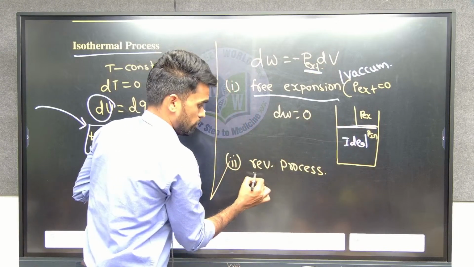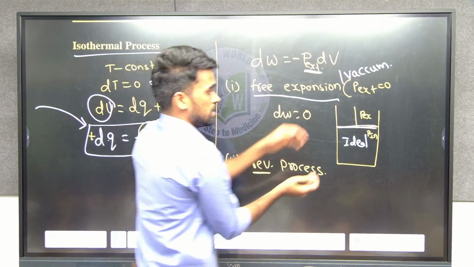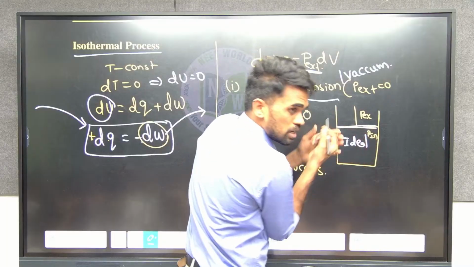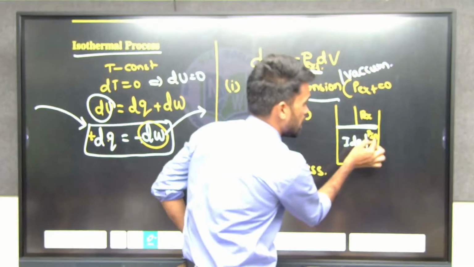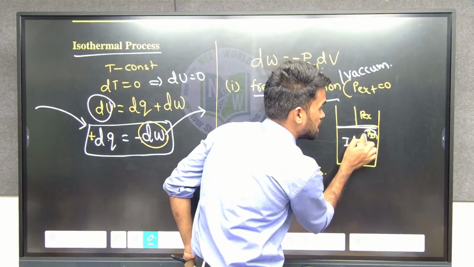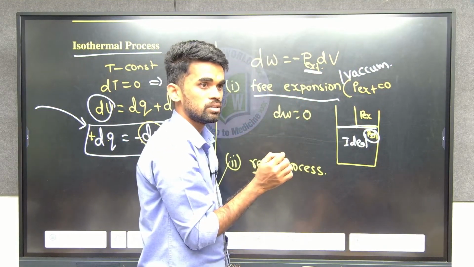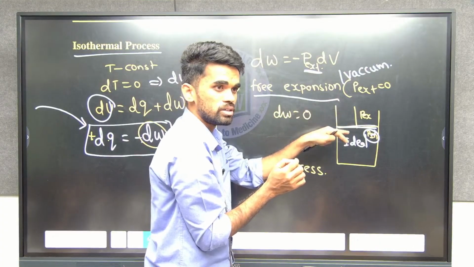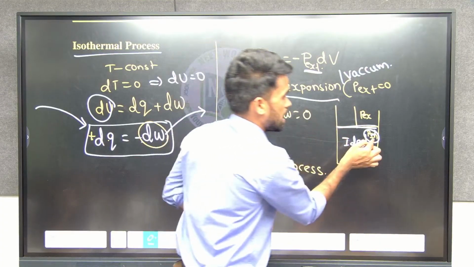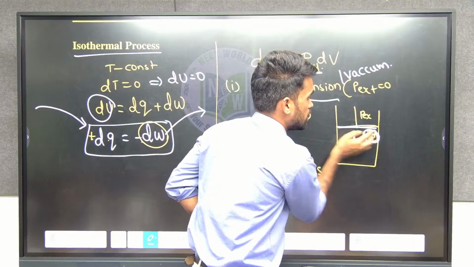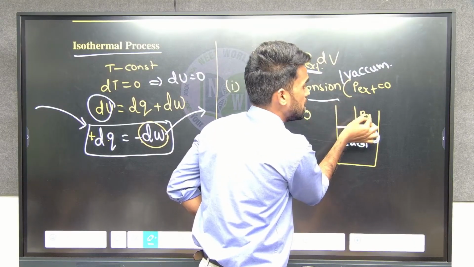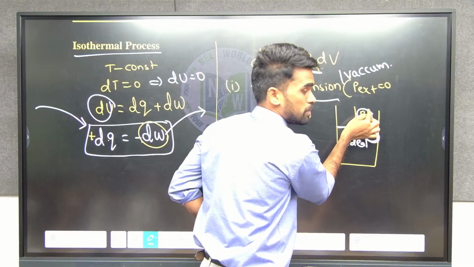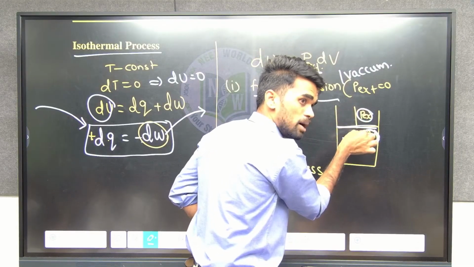Now I am slightly increasing the internal pressure. Then the piston moves upward, so expansion takes place. A slight increase in external pressure, the piston moves down, compression takes place.